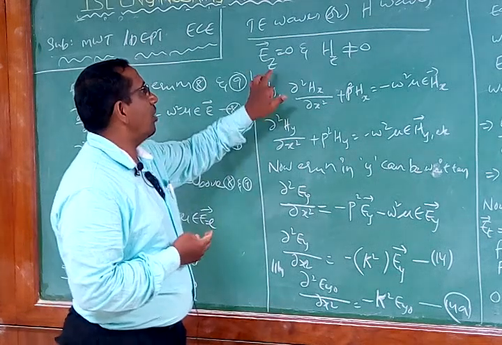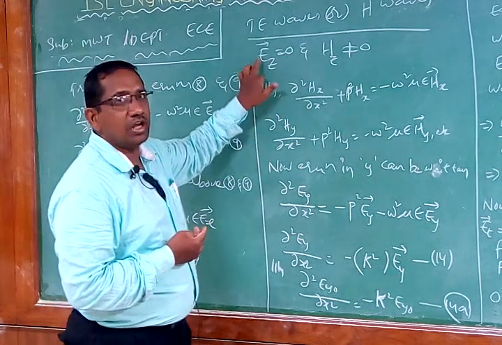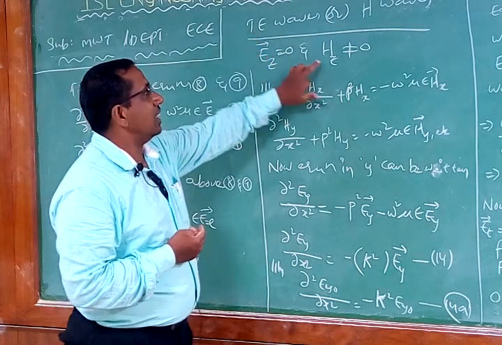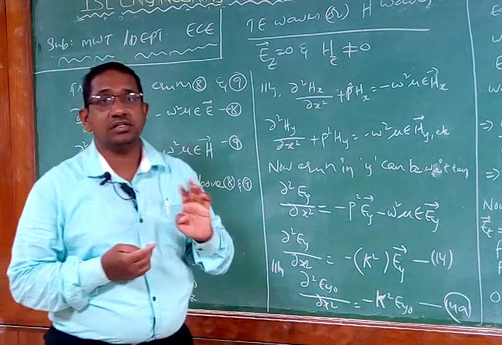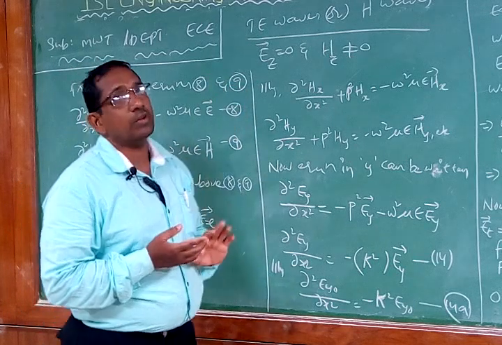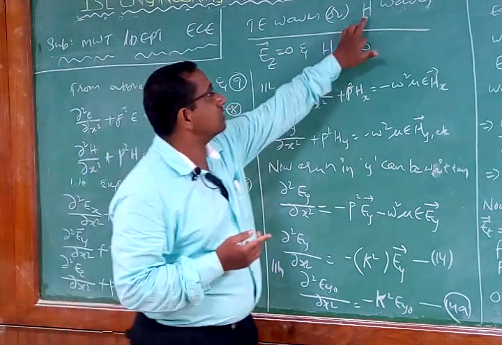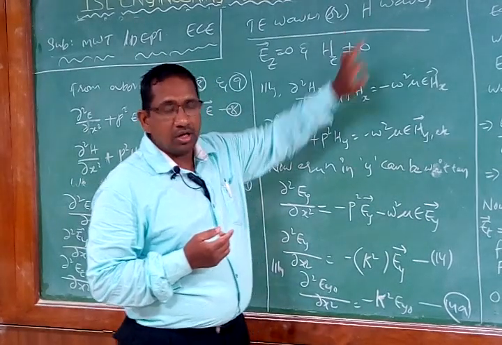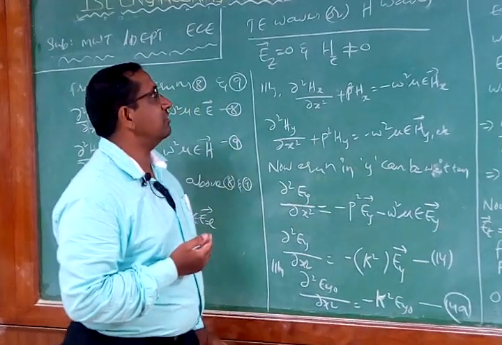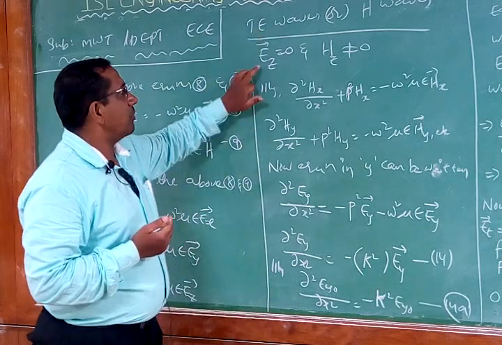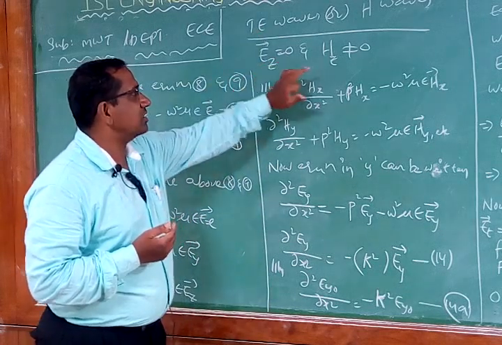That means along the z direction, the electric field is going to be 0 in the TE mode of propagation, whereas the magnetic field is going to exist. Since the magnetic field exists, these waves can also be called H waves or magnetic field intensity waves. So in a TE mode wave, we write Ez equal to 0 and Hz not equal to 0.